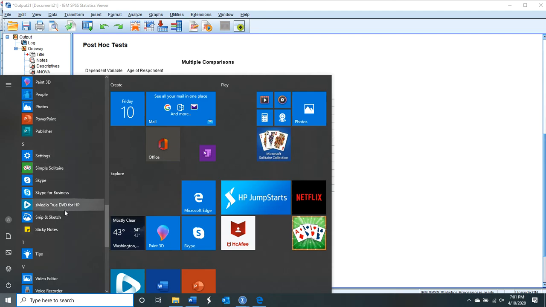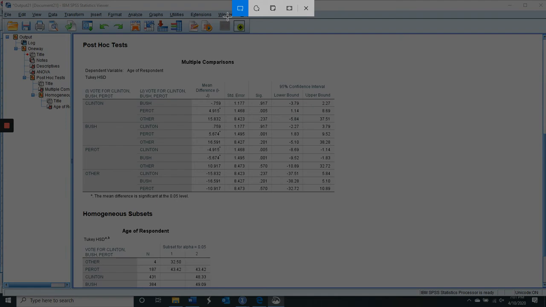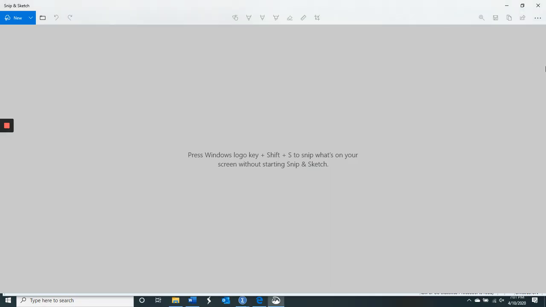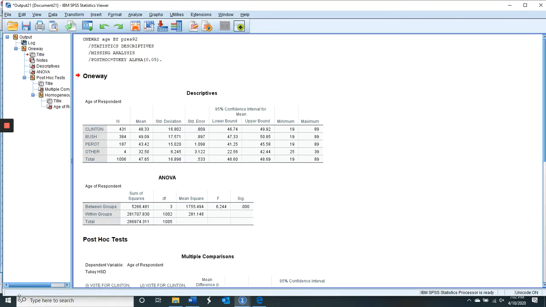When we looked at that comparison, they didn't differ. So Perot is different from Bush and Clinton, and Bush and Clinton do not differ from each other. So this will make a lot of sense when we go look at our, give me a second here, sorry about that. I need to go up the output here.